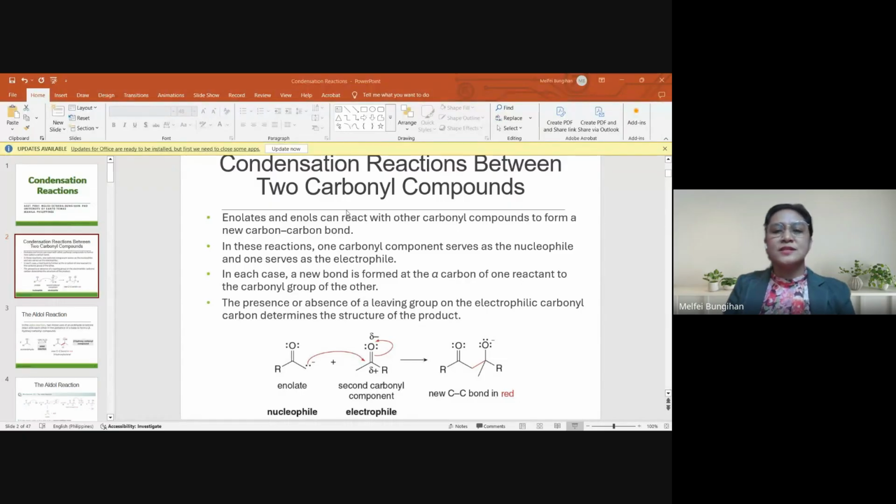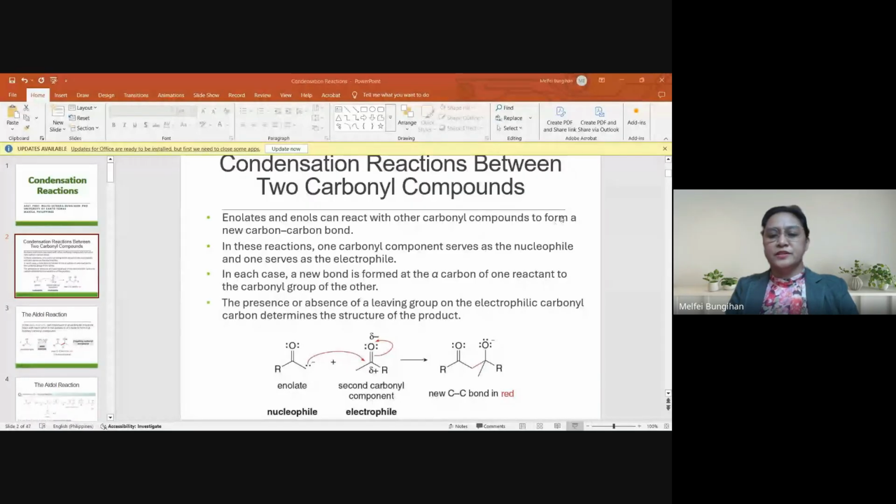So how does this aldehyde become electrophilic? That is due to the delocalization of the double bond into lone pairs towards your oxygen. So this carbon now is the electrophilic carbon. And then the new formation of a C-C bond here, after this nucleophilic attack, gives you this intermediate, and protonation from your water forms your alcohol.